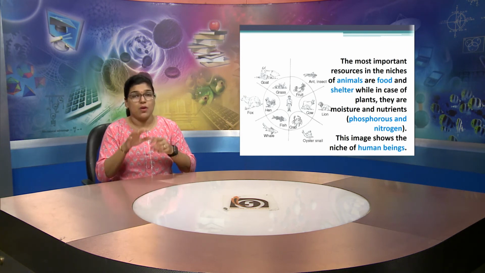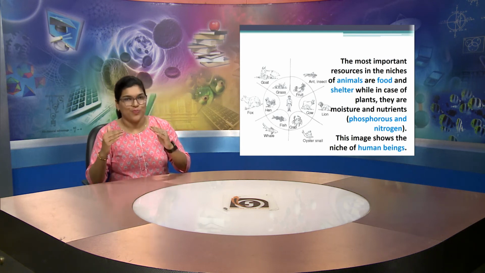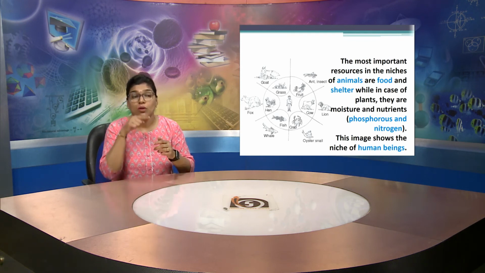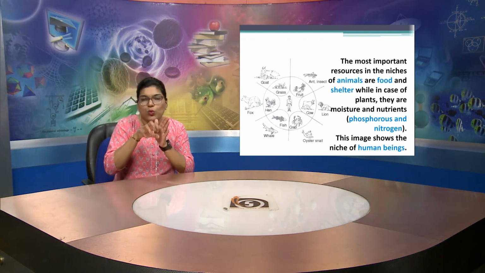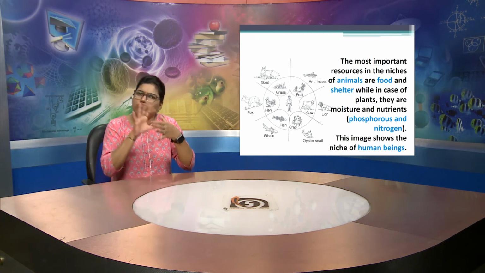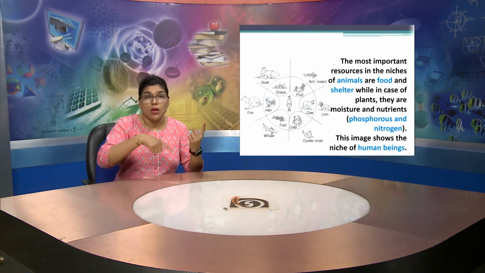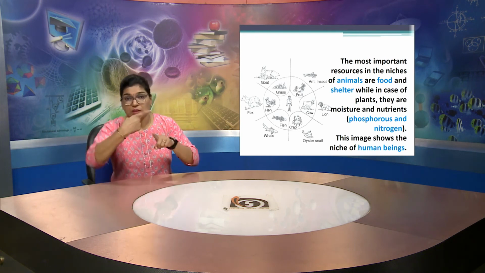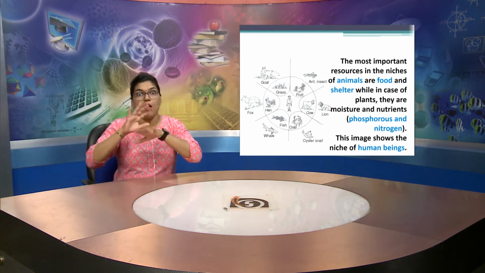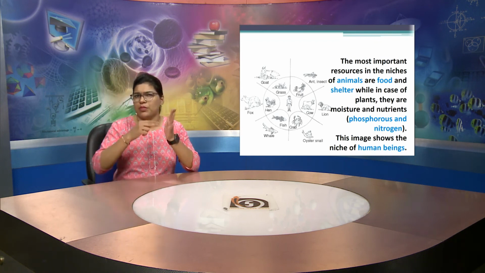The most important resources in the niche of animals are food and shelter, while in case of plants, they are moisture and nutrients. The nutrients of the plants are phosphorus and nitrogen.